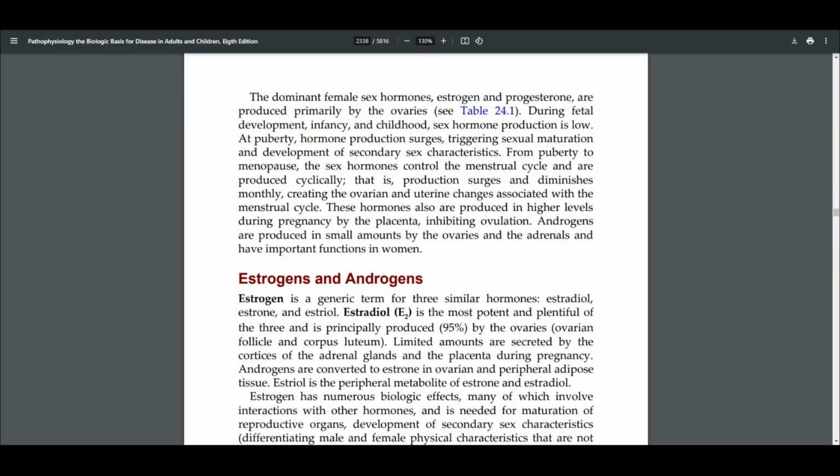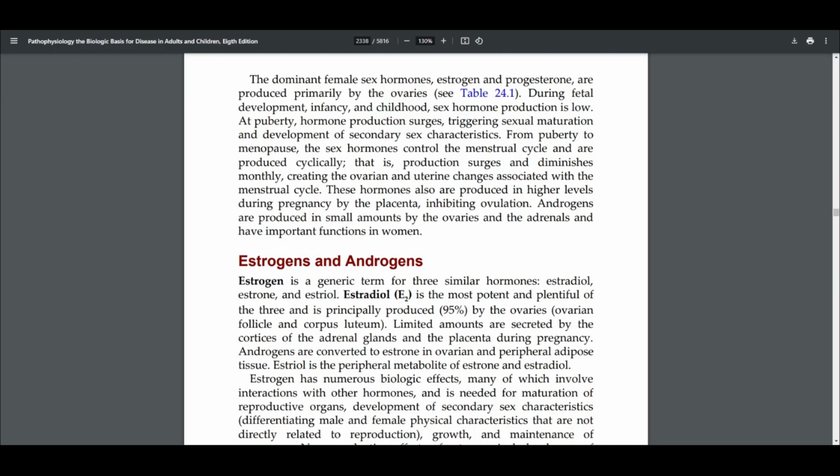From puberty to menopause, the sex hormones control the menstrual cycle and are produced cyclically. That is, production surges and diminishes monthly, creating the ovarian and uterine changes associated with the menstrual cycle. These hormones also are produced in higher levels during pregnancy by the placenta, inhibiting ovulation.